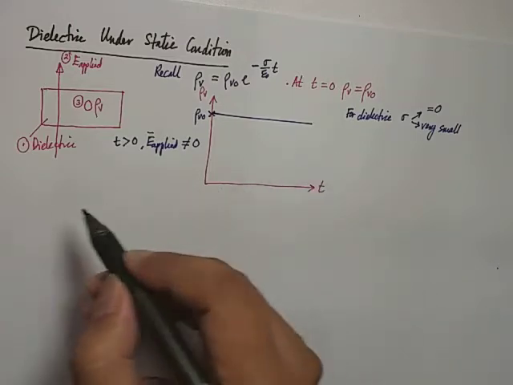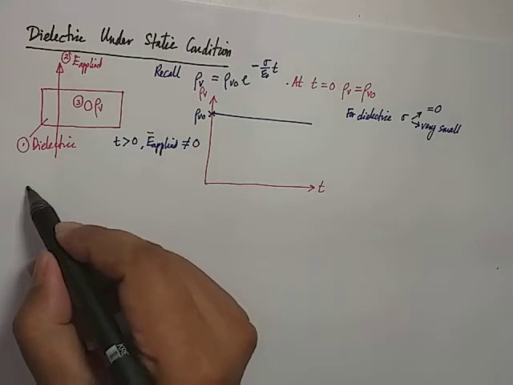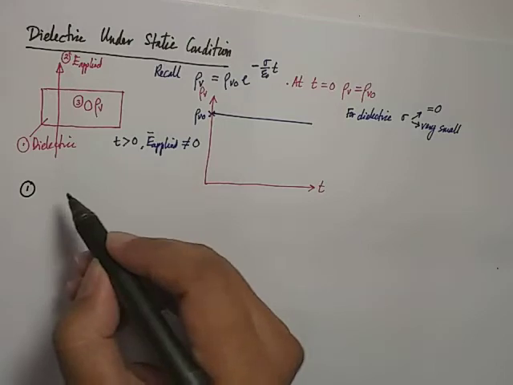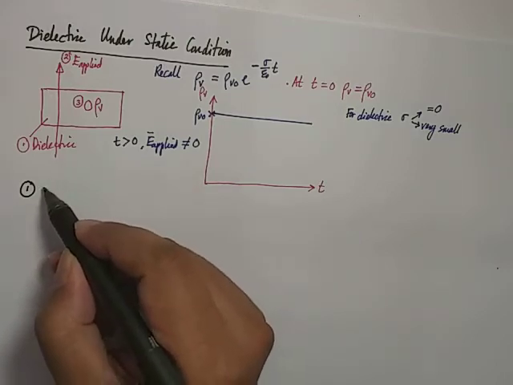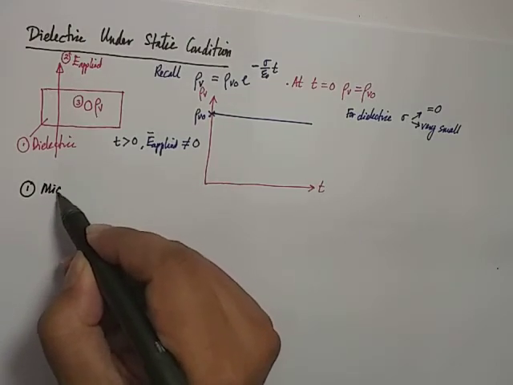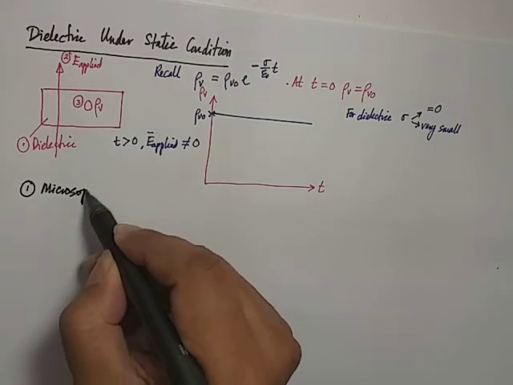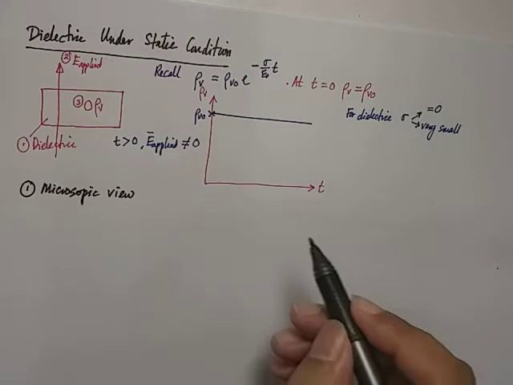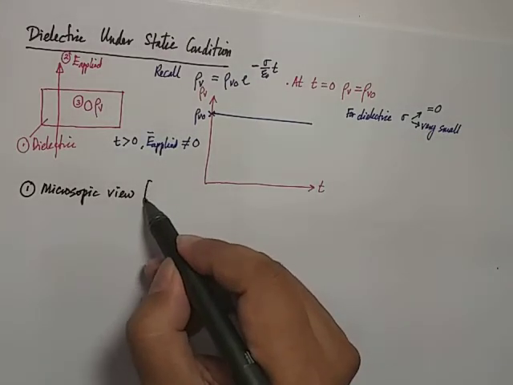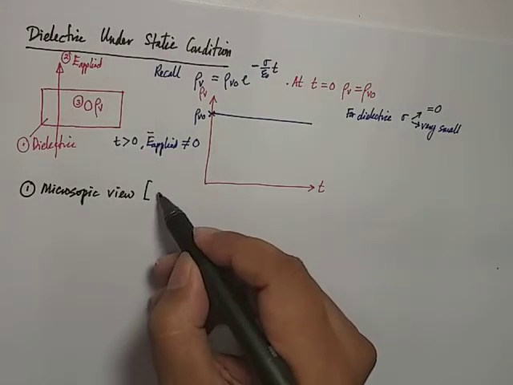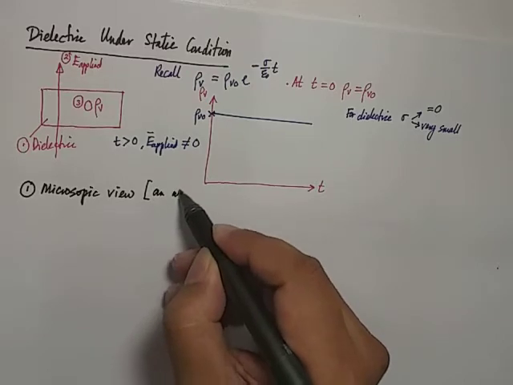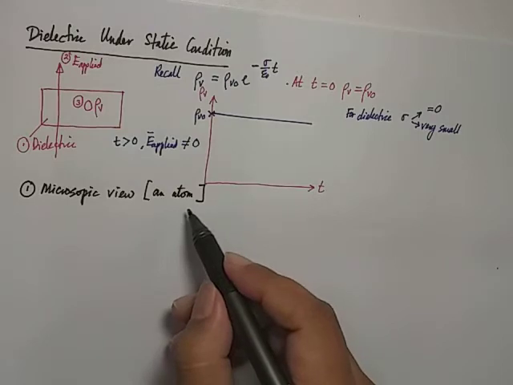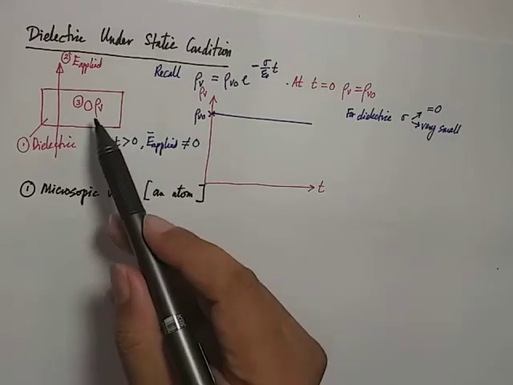The first discussion, in terms of what happened to the charge, is in terms of the microscopic view. Microscopic view, in other words, is one atom. What happens to one atom of dielectric when exposed to the E applied?